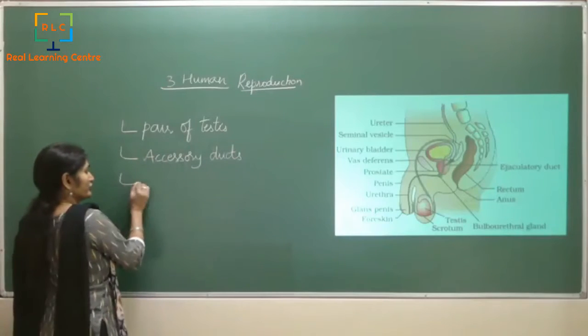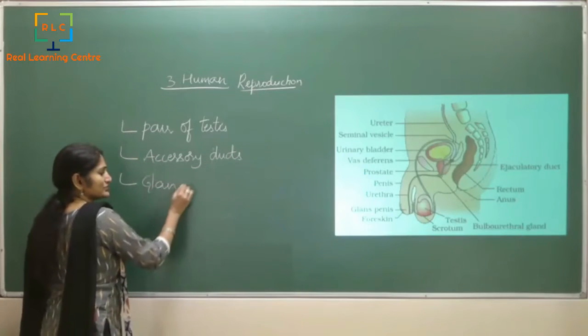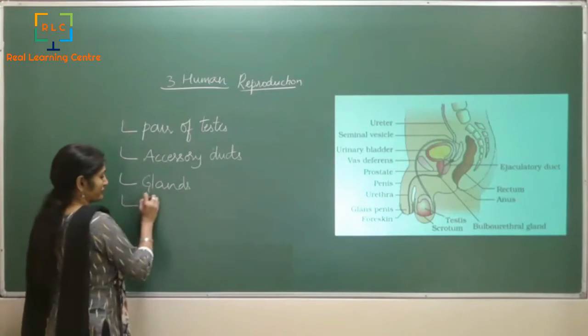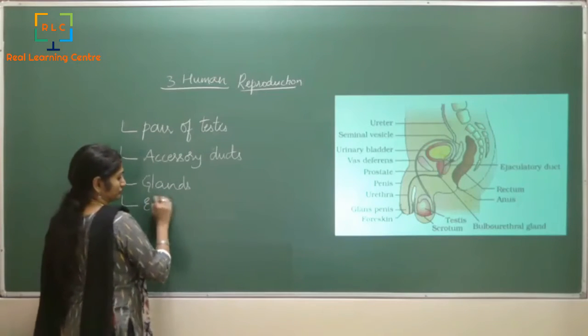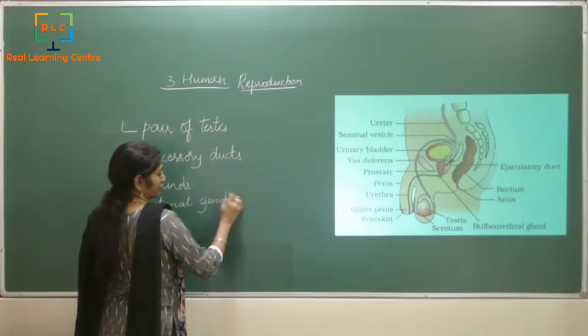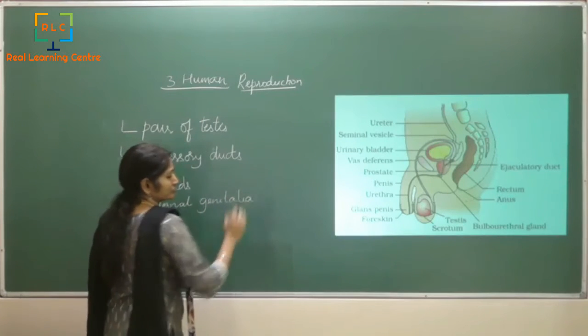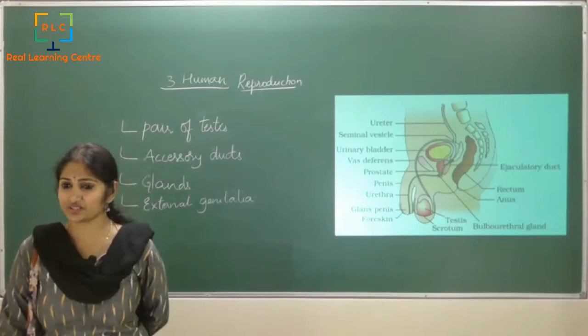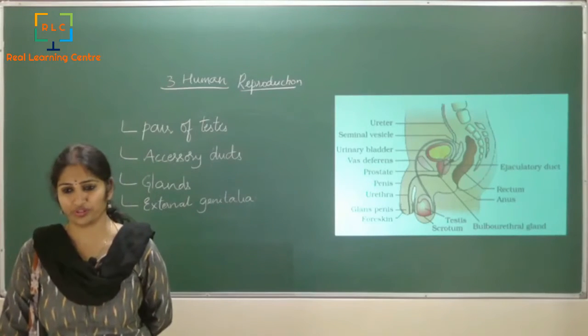And then we have certain glands that are present here, and also we have the external genitalia. Okay, so the male reproductive system has these components.